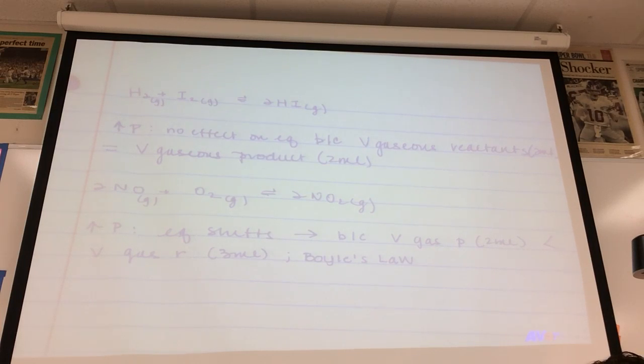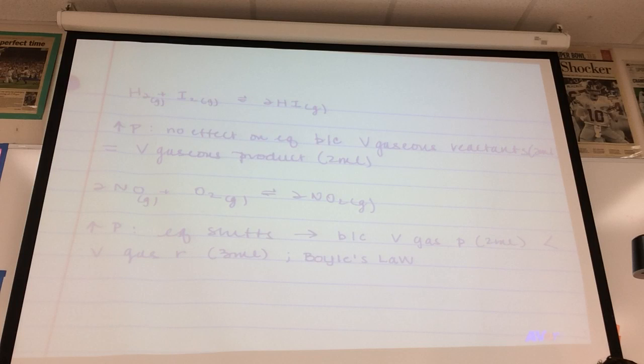This is the one we just did. So if you increase pressure, equilibrium shifts to the right because the volume of gaseous product, which is 2 mils, is less than the volume of gaseous reactant, which is 3. In which direction will equilibrium shift if neon were added at constant external pressure?